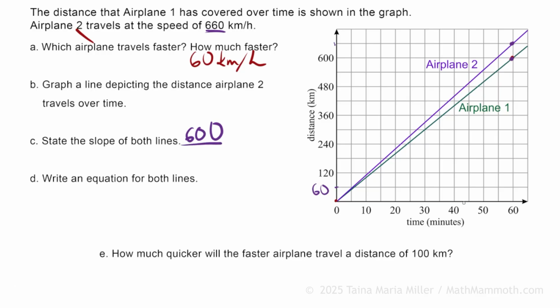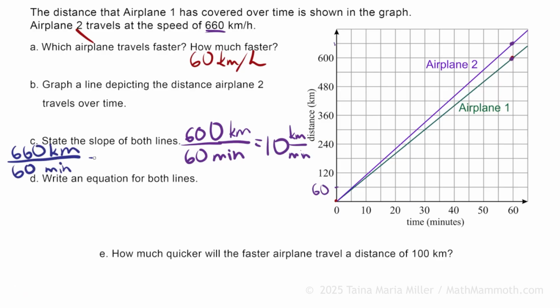And the change in this horizontal direction is 60 minutes. So this is kilometers, this is minutes. And so that becomes just 10 kilometers per minute. And that was airplane 1. For airplane 2, we would have 660 kilometers per 60 minutes. So that's 11 kilometers per minute.